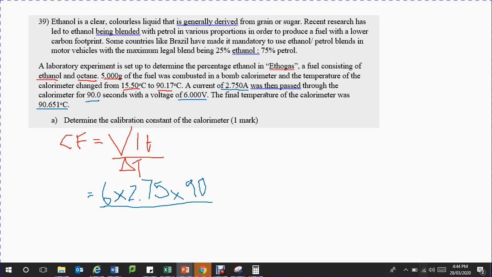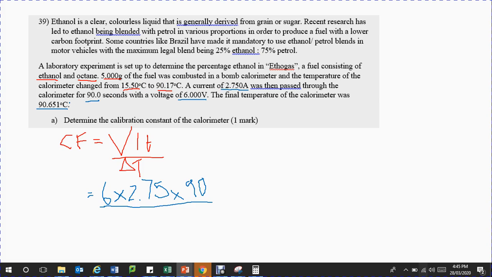A little bit of confusion about which one to look at. The first information, they were combusting the ether gas, and it went from 15.5 to 90.17. Then they passed the current through, and it increased to 90.651.